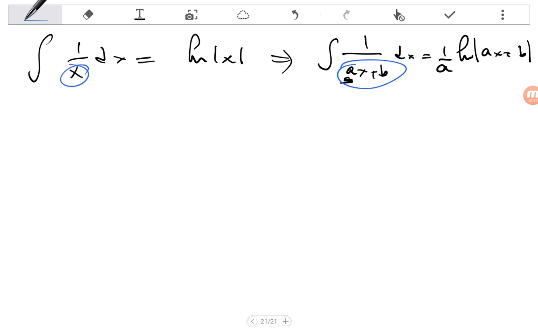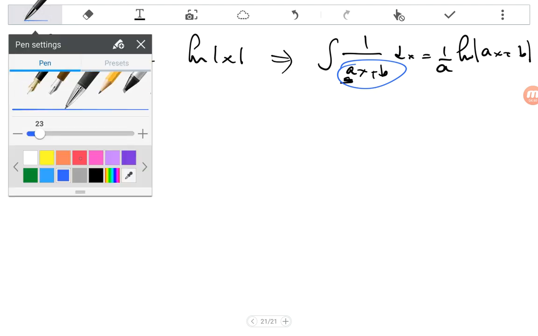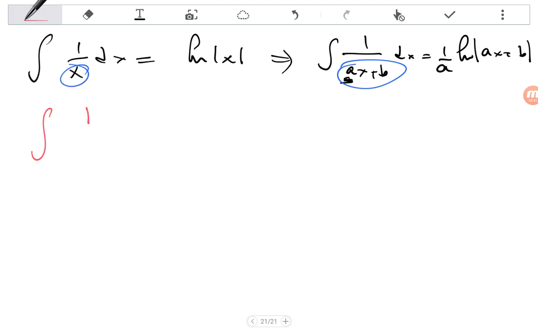So if I had, for example, the integration of 1 dx over 3x plus 2, what is the result of this integration? That reminds me, that is a linear expression.